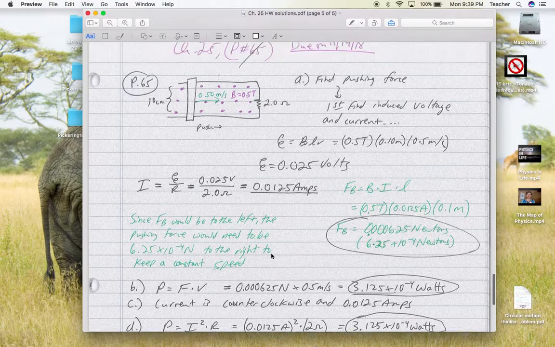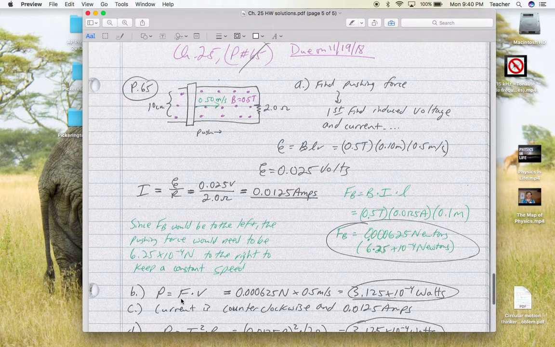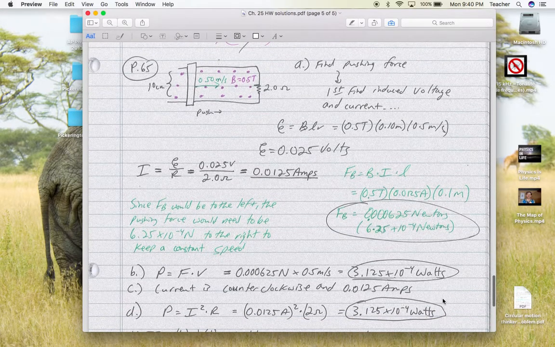The next thing asked is to figure out power. Power is equal to force times velocity. Why? Because power is also equal to work divided by time, and that's force times distance over time, which is force times velocity. So that gets me 3.1 times 10 to the negative 4th watts.